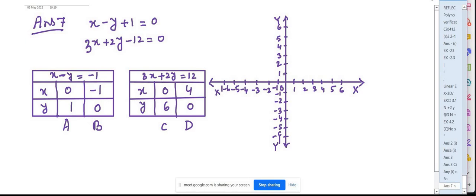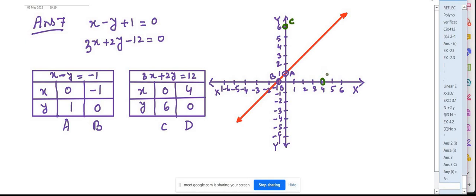First point 0, 1. So x is 0 and y is 1. So here is the first point. Then minus 1, 0 here. So this is A and this is B. Now join these 2 points with the help of a scale, properly. Right. Now for the second, 0, 6 here, and 4, 0 will be here.